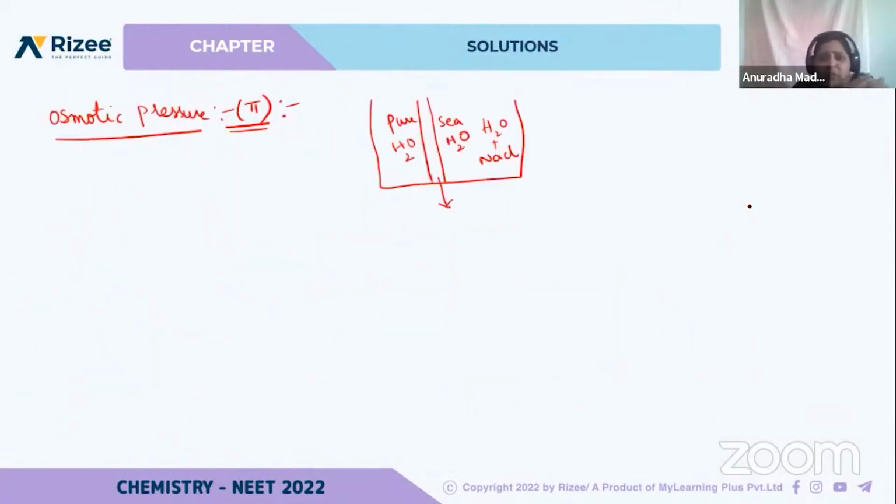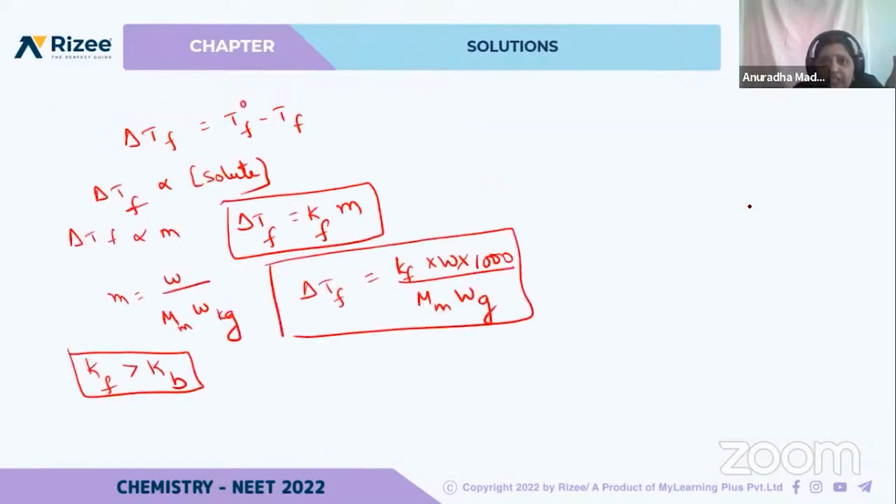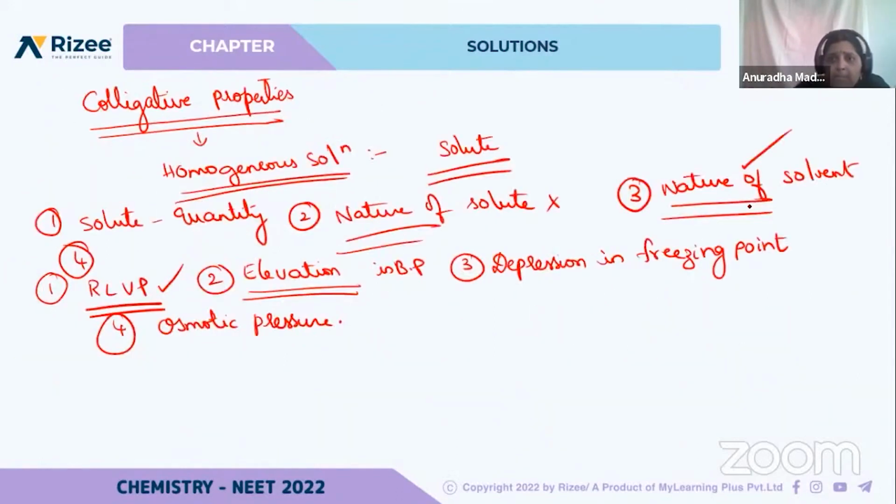What does solute mean? We are adding something to the water. The water molecular formula is H2O, simple. If we add some glucose, then glucose has a high molecular formula. We are not considering the quantity or nature of the solute here; we are considering the nature of the solvent.